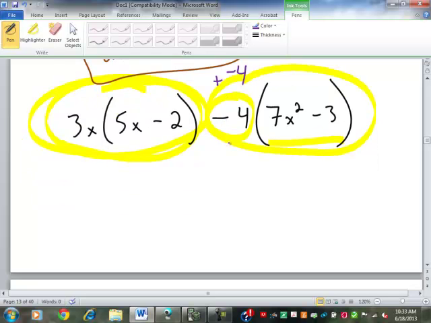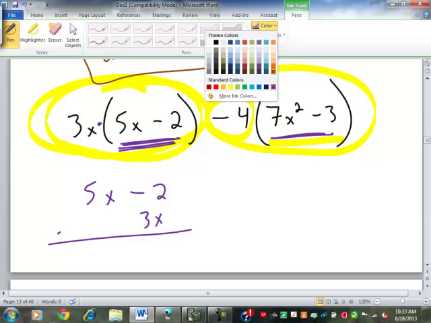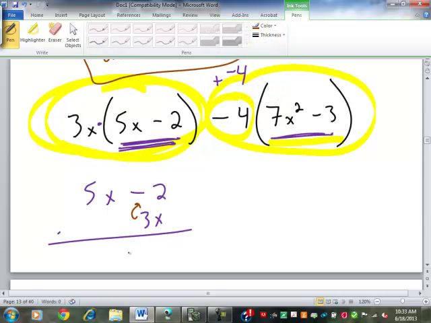So now, again, we double check. Is there anything I can do inside the parentheses here? Nope. How about here? Nothing there either. So now I go back. Is there anything that can be done to this set of parentheses? You bet. It's multiplied by the 3x. So 5x minus 2 times 3x. 3x times negative 2.